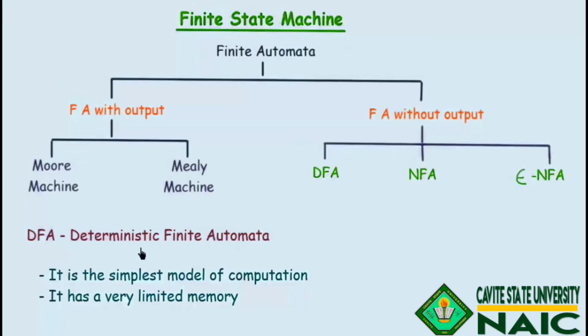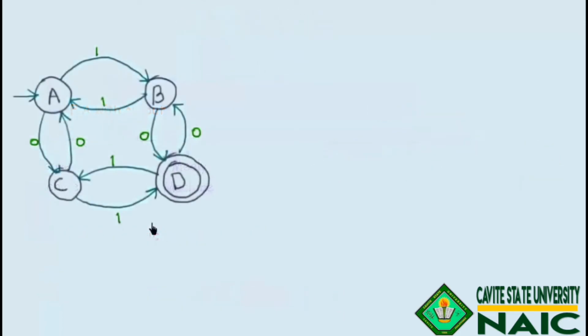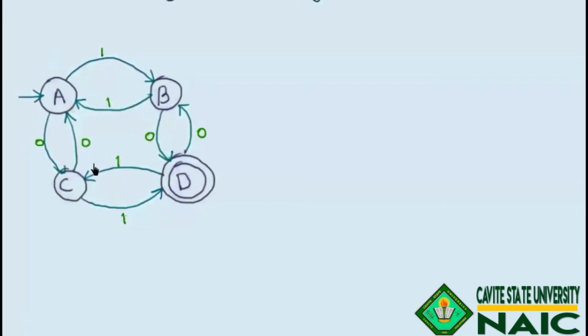Now to make the DFA clear, let us take a simple diagram that will make the structure of DFA clear to us. Structure of deterministic finite automata or DFA. So, first when you look at this diagram, you may feel confused about what these are. We see here some circles labeled as A, B, C, D. We see some edges, some arrows pointing here and there, and then we see some labels like 1, 0, 1, 1, 0.